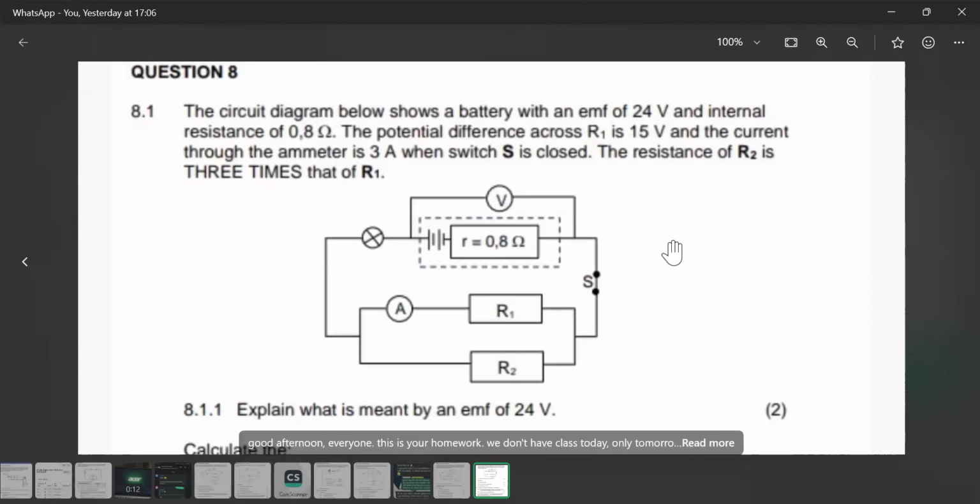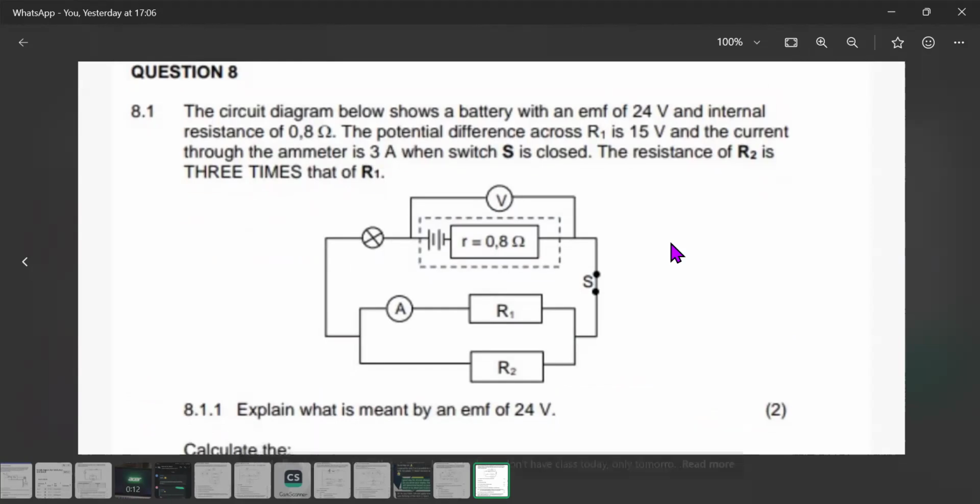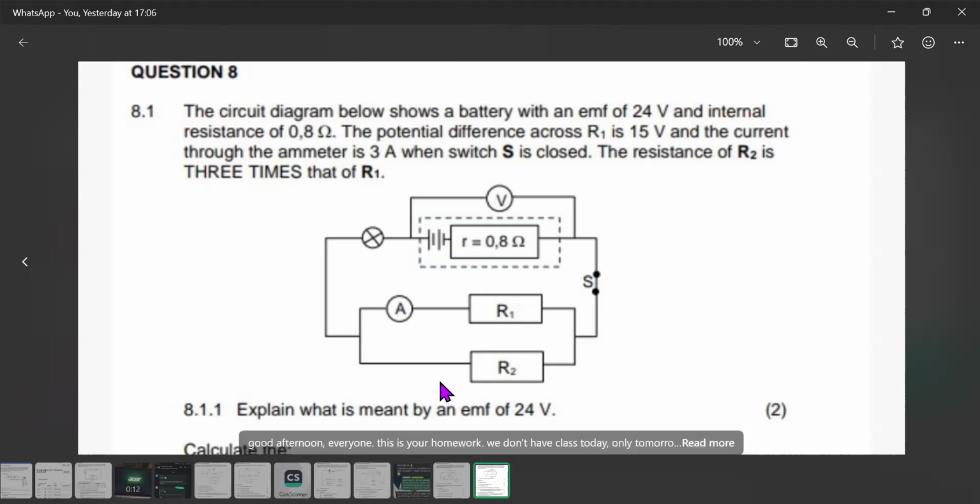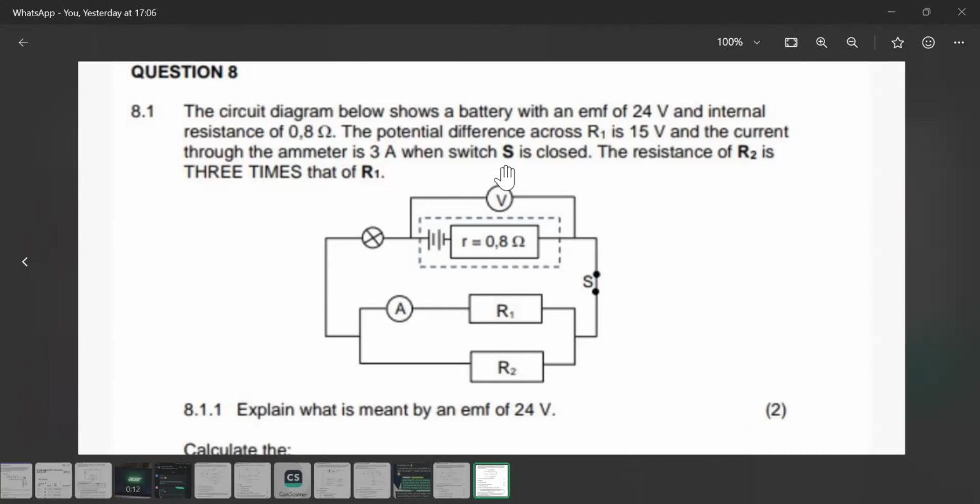Yes, it means the battery provides 24 joules of energy to each 1 coulomb of charge. It's what we said in the last lesson, whereby I showed you a sketch whereby the charges are at this point, at that point, at that point. So we were interpreting the potential difference in terms of the energy per 1 coulomb.